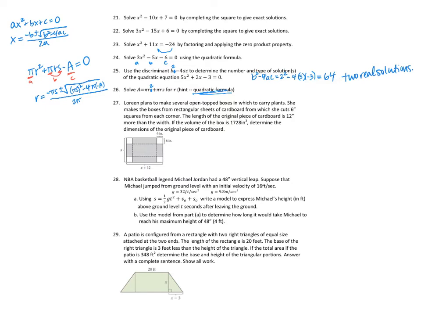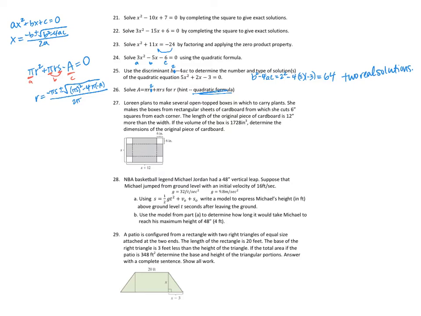Okay, number 27 says that Lorene is making several open-topped boxes to carry plants. She makes them from rectangular sheets of cardboard. The length of the original piece of cardboard is 12 inches more than the width, and the volume of the box is that. I want to determine the dimensions of the original piece of cardboard.